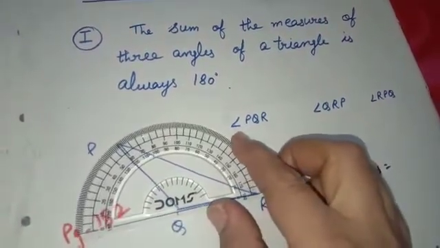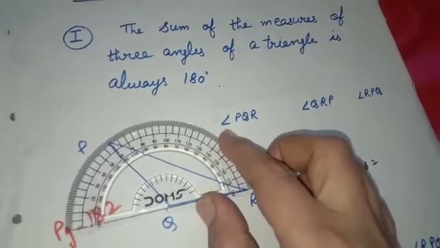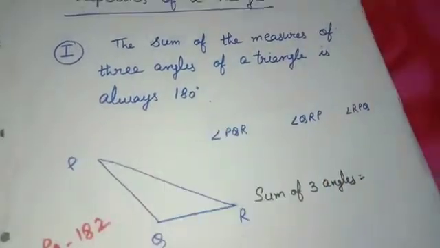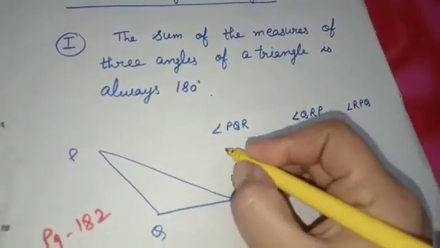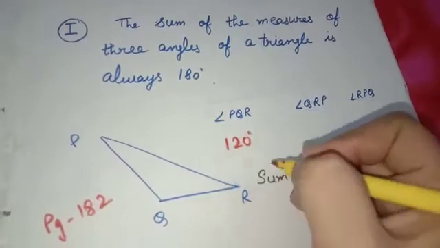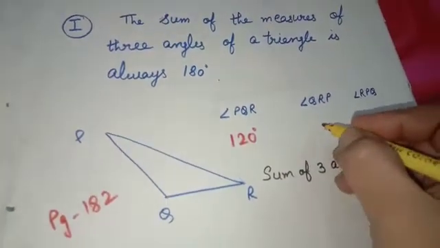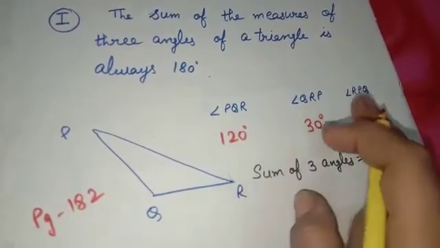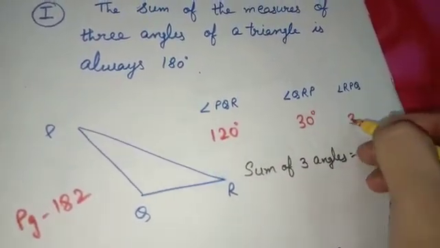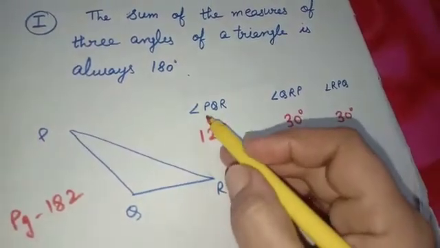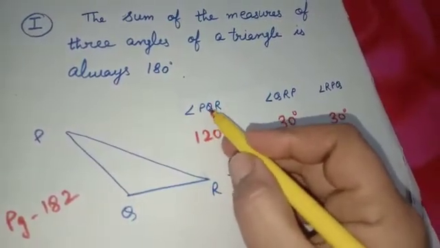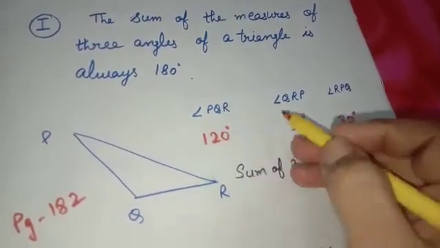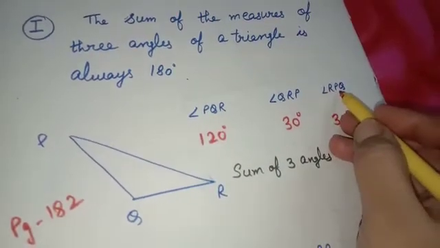Here, by putting the vertex of the angle on the vertex of the protractor, we will measure all the angles. Angle Q equals 120 degrees, so we write angle PQR equals 120 degrees. Similarly, angle R is 30 degrees, and angle P is also 30 degrees. In the name of the angle PQR, the alphabet in the middle, Q, is the angle being measured.